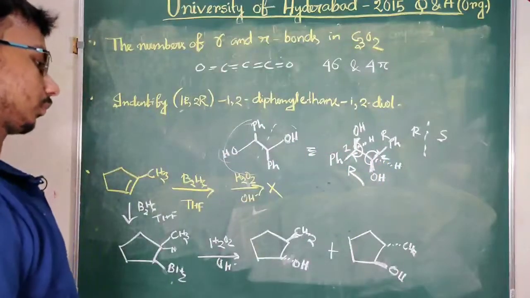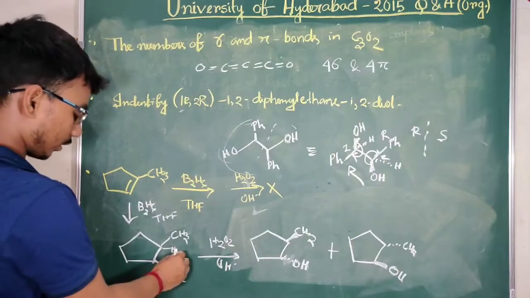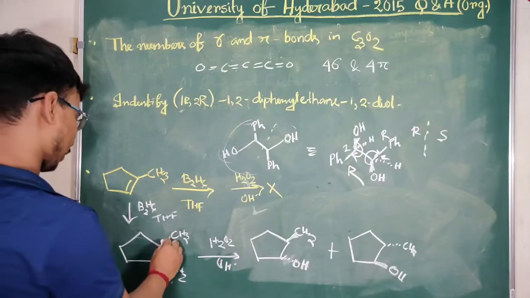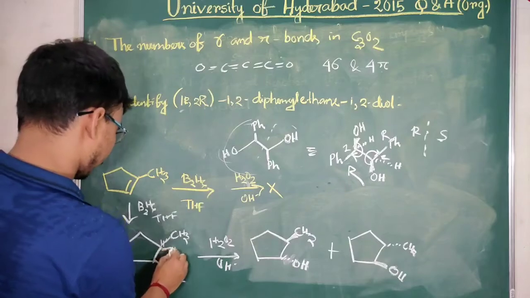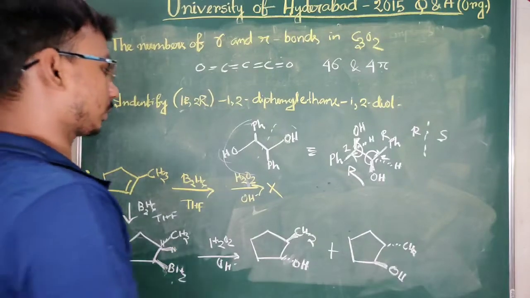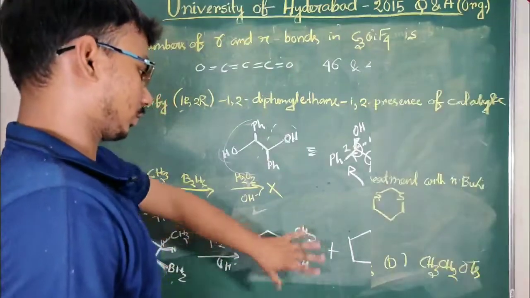This H and this BH2 will be in the same stereochemistry. If it is below, it will be above, and OH also above. That's the stereochemical product.